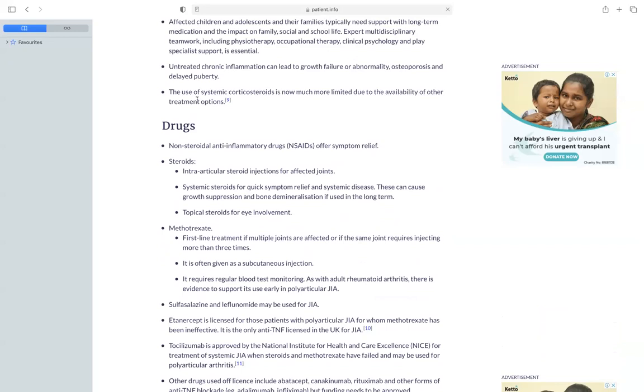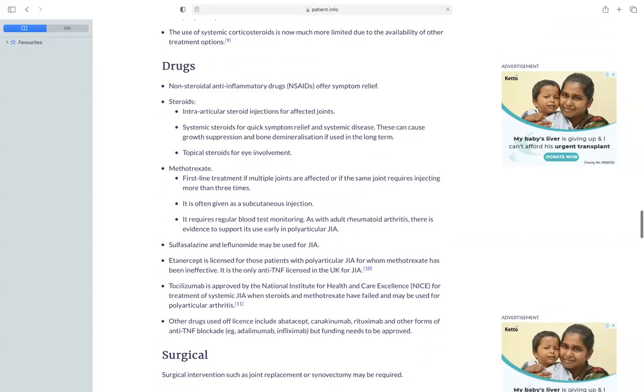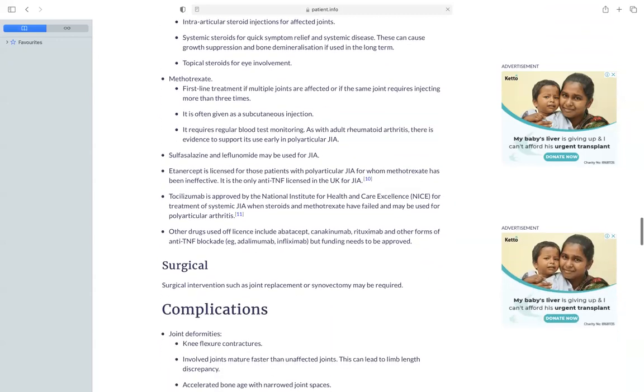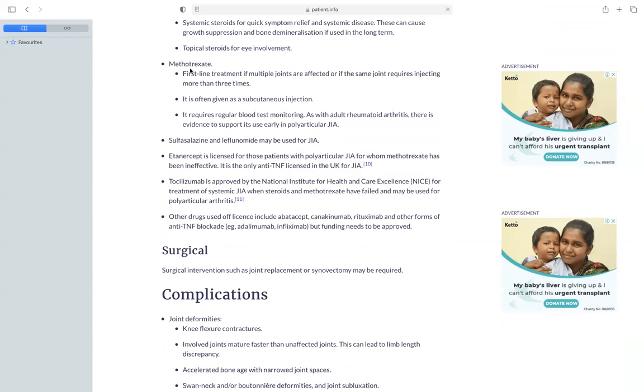Now this sentence is very important: the use of systemic corticosteroids is much more limited due to availability of other treatment options. So along with steroids, we should mention other treatment options. Methotrexate is first-line treatment if multiple joints are affected, or if the same joint requires injecting more than 3 times.